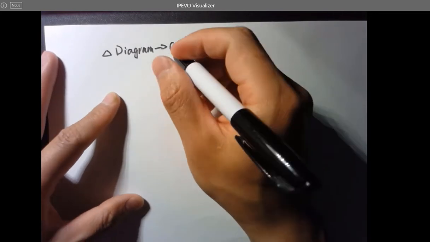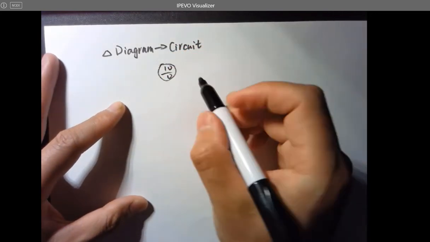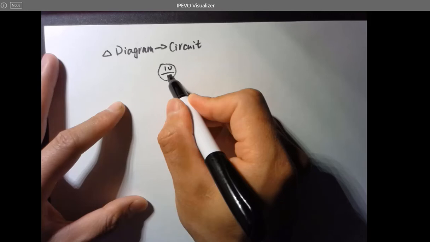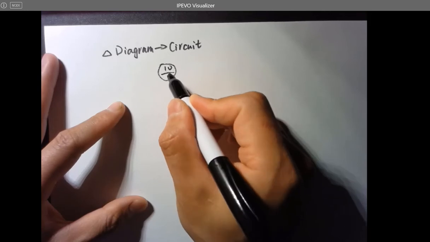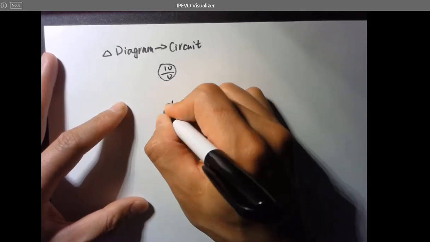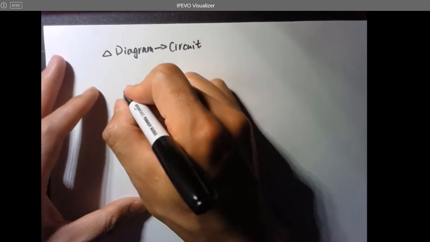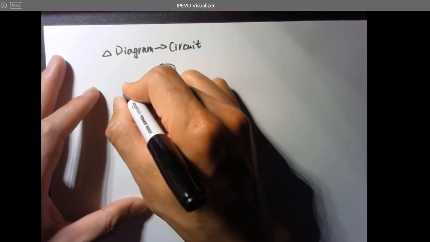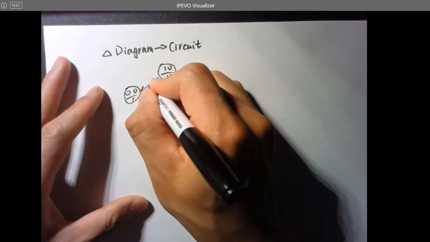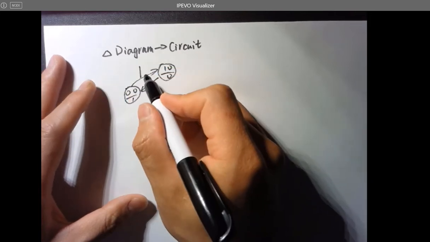So the state diagram looks like this. And you know it's a Moore state machine because you have both the states and the output in the bubble at the same time, right? So these are the inputs.